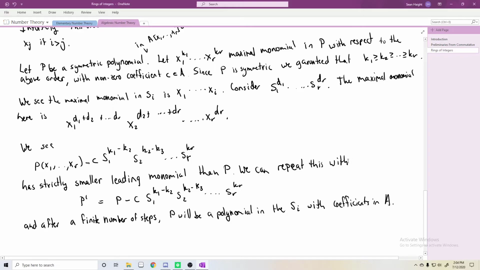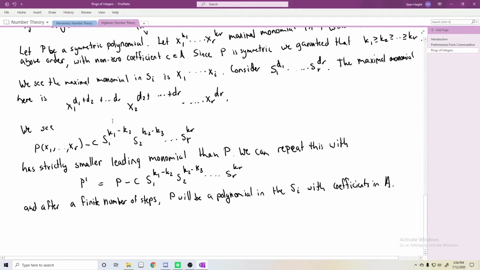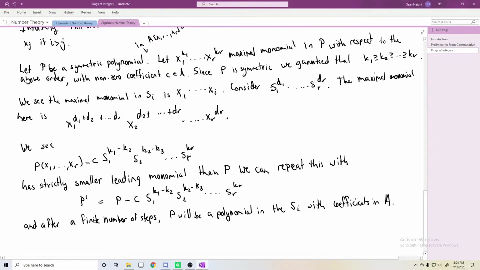There's another way that maybe makes more sense to make this argument run. You would take not just any P, but the symmetric polynomial with the smallest maximal monomial that's not contained in the algebra generated by the elementary symmetric polynomials, and you shoot for a contradiction.